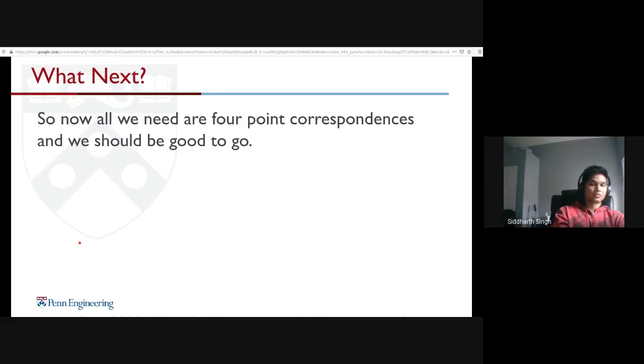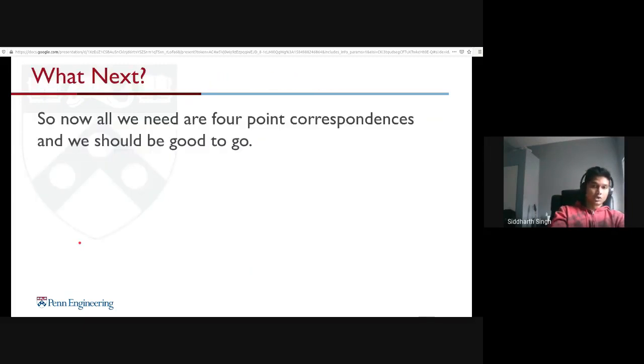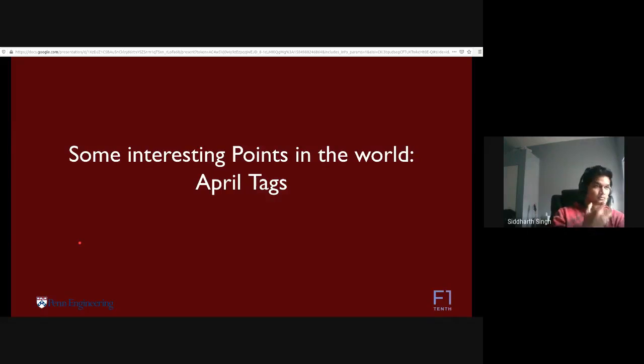So now we know how to get rid of the scale ambiguity. What's next is that we have to find the point correspondences, right? That was the one thing remaining for us to calculate the homography, and from the homography calculate the rotation and translation. So how do we find the correspondences? In the world that you see, there are a bunch of interesting points that you have a fair amount of information about.